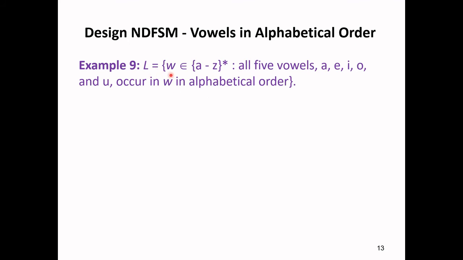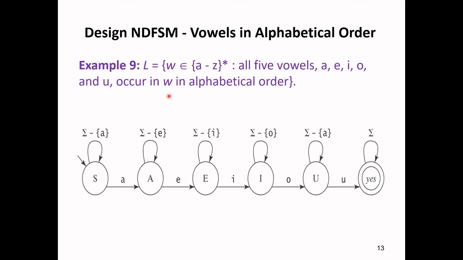Language having the strings of A, B, C, D to Z, but the condition is all the 5 vowels A, E, I, O, U must occur in the string in alphabetical order.